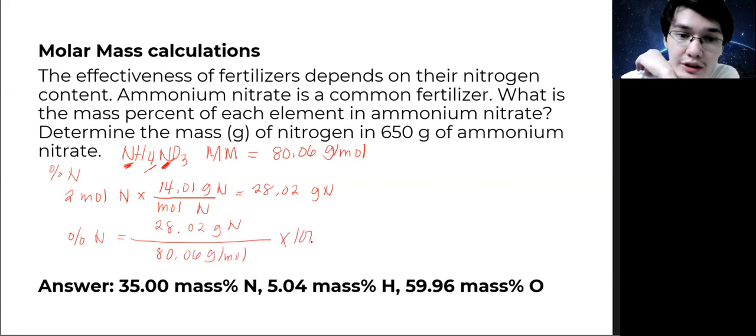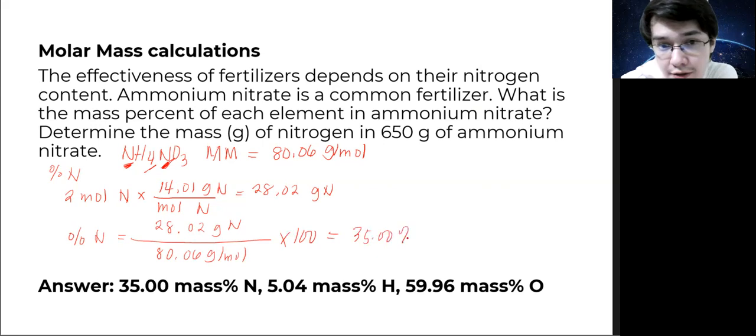Then times 100, we get 35% nitrogen. So in the compound ammonium nitrate, it has 35% nitrogen. And for practice, you can calculate for the mass percentage of hydrogen and oxygen.